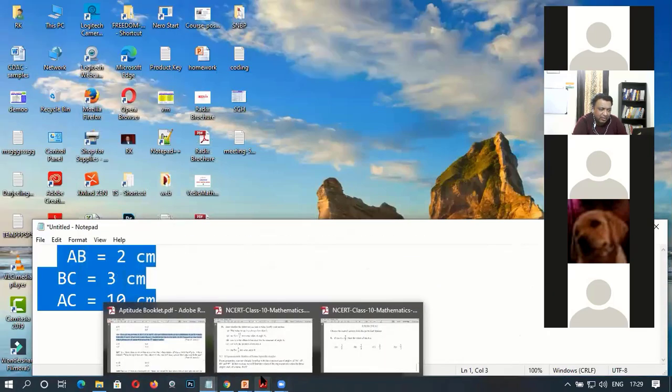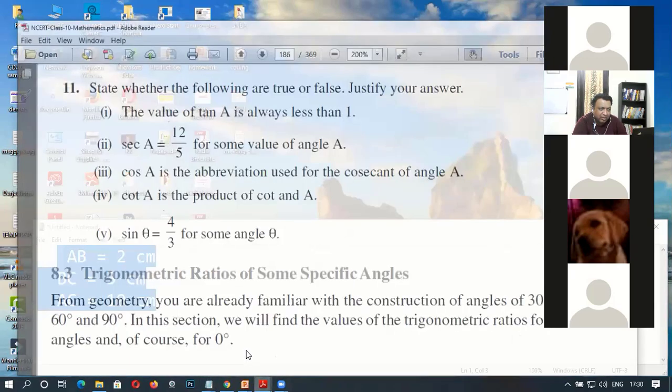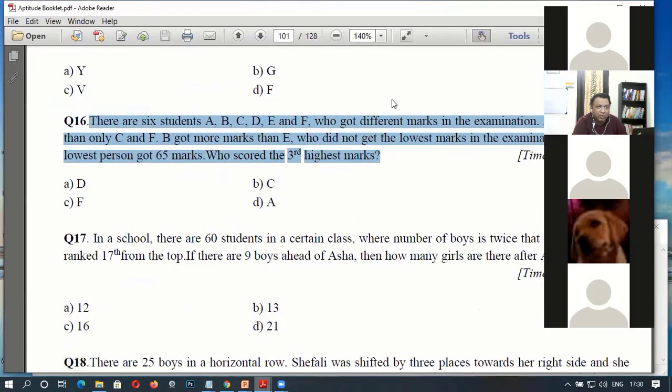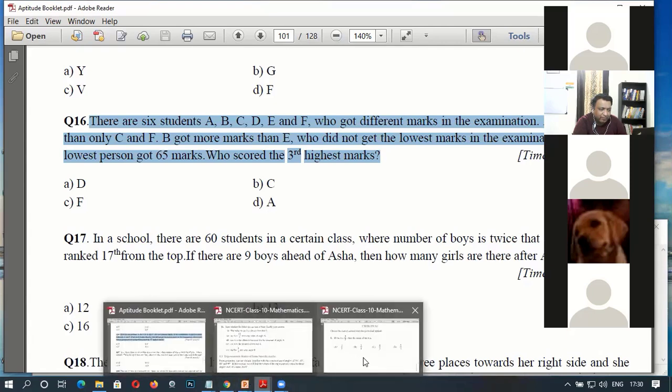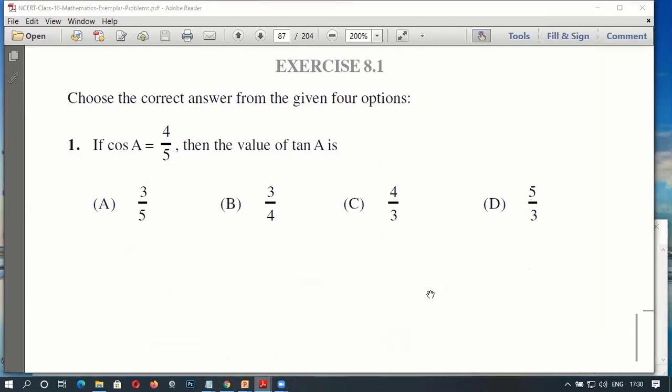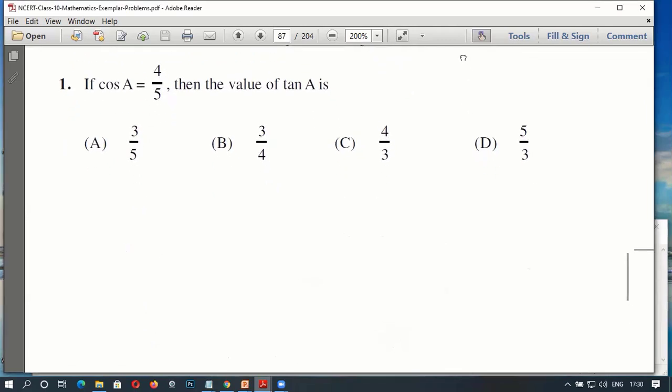This is very easy. Everybody, can you solve this orally? Write the answer on chat. Very easy one. If cos A is this, what is tan A?